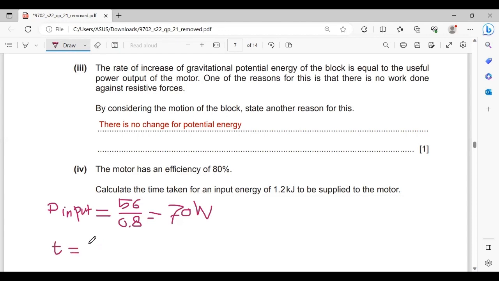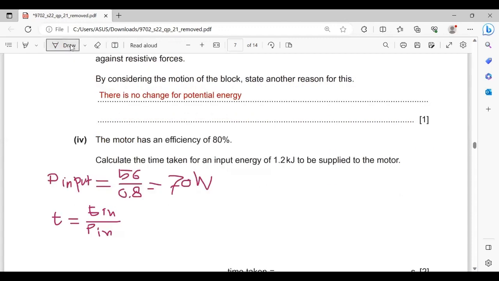Energy input is energy input over power input. Okay, I'm gonna scroll down.